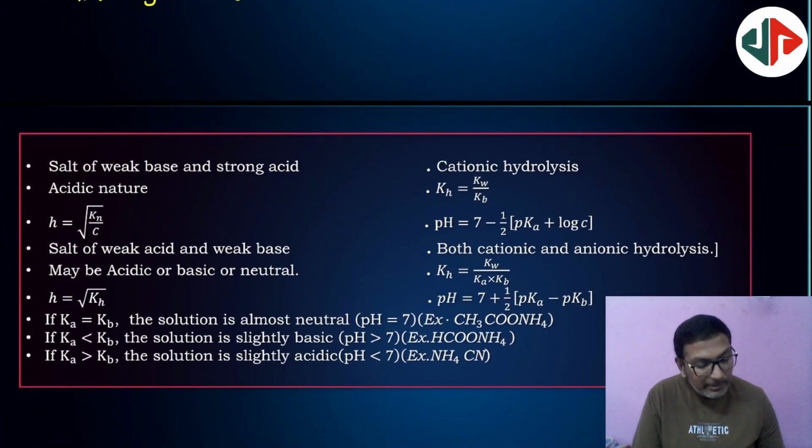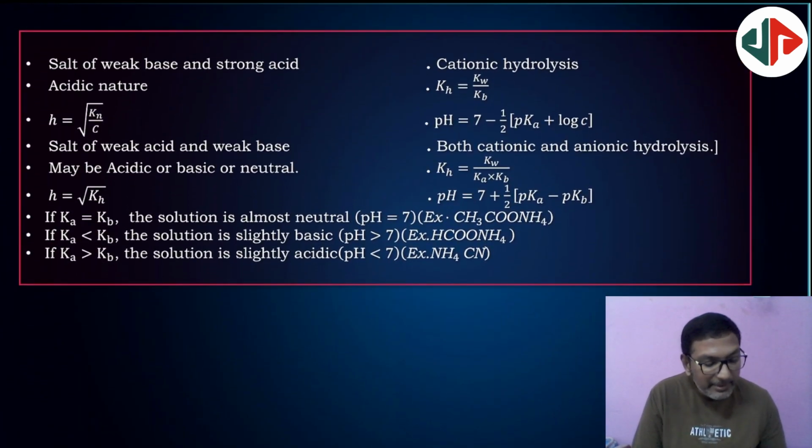Next, salt of weak base and strong acid, cationic hydrolysis, acidic nature. h equal to root Kh by C. Here Kh equal to Kw by Kb.